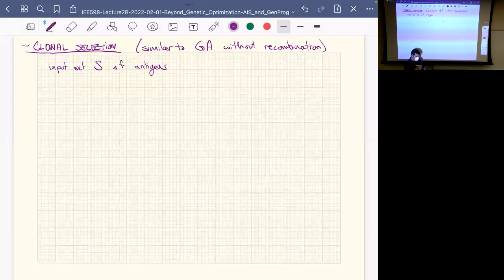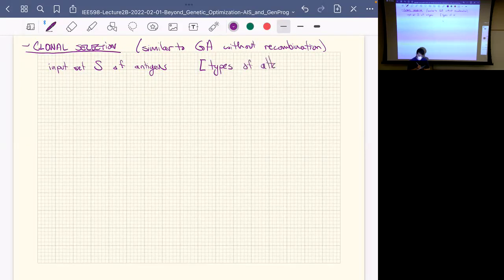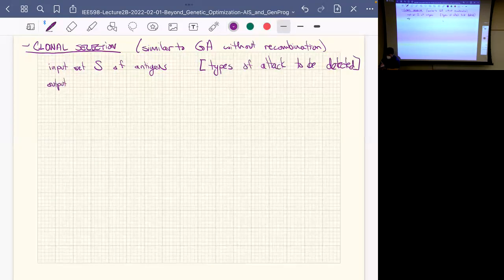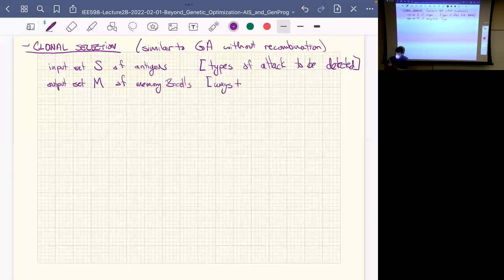I'm talking about antigens. You can think of these as samples or types of attack to be detected. And my goal is to generate an output set M of, I'm going to call them memory B cells, which are ways to detect these attacks.